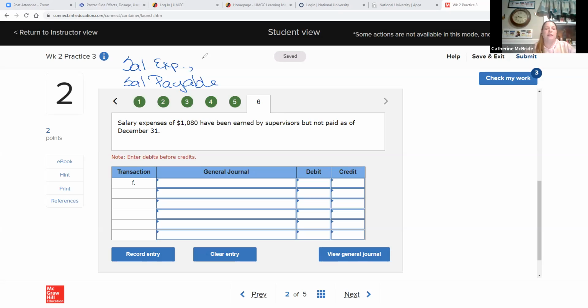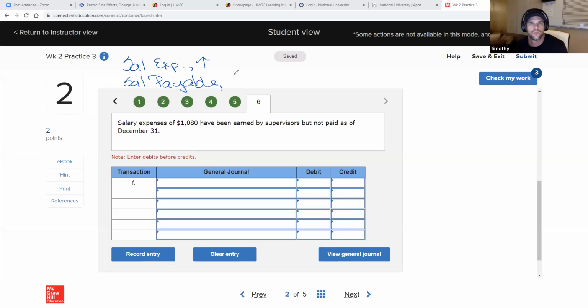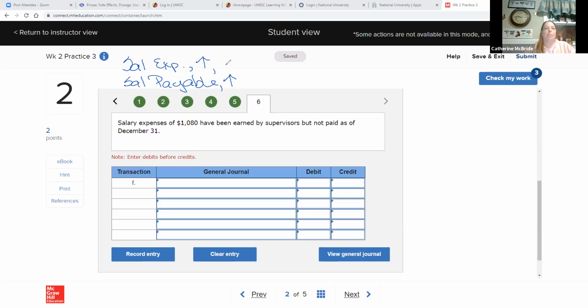Did my salary expense increase or decrease? Increase. Did my salary payable increase or decrease? Increase. We owe more now than we did. This is an expense. What type of account is salaries payable? Liability. If I increase an expense, do I debit it or credit it?